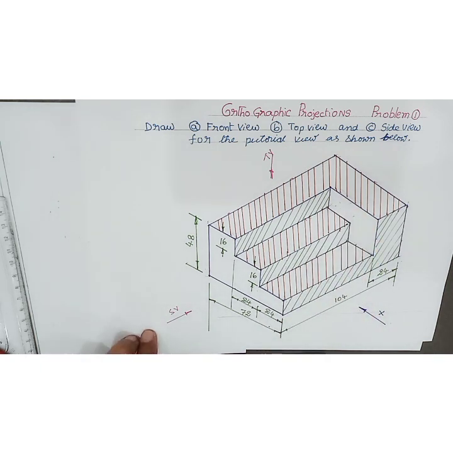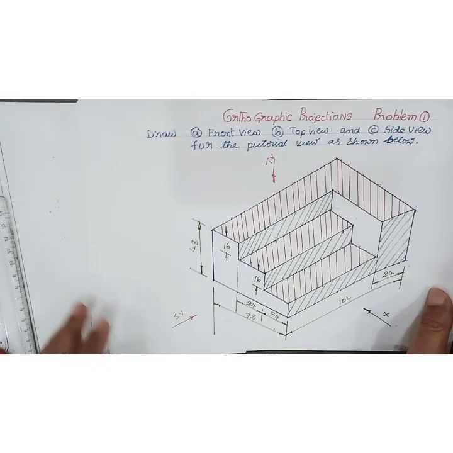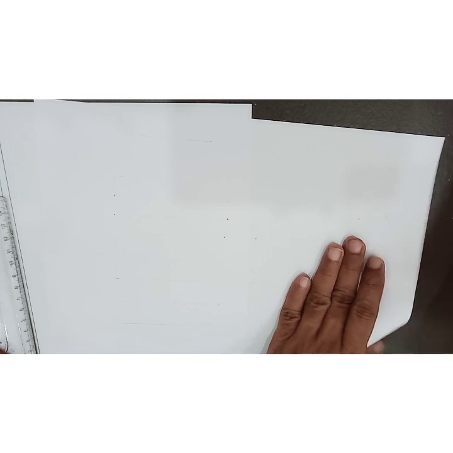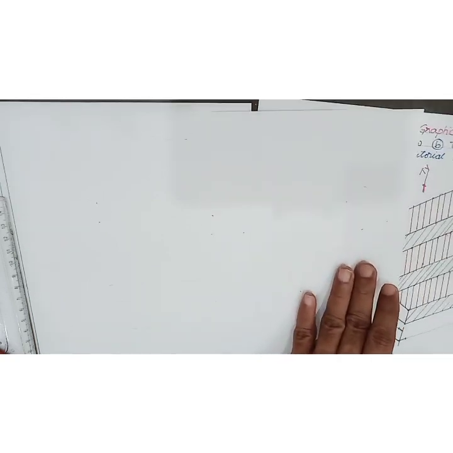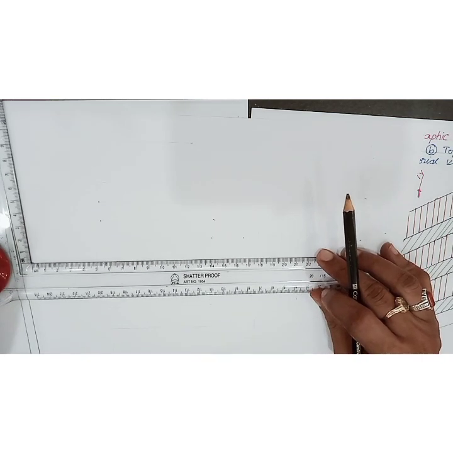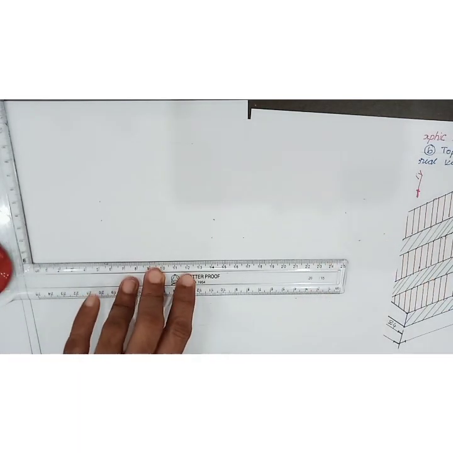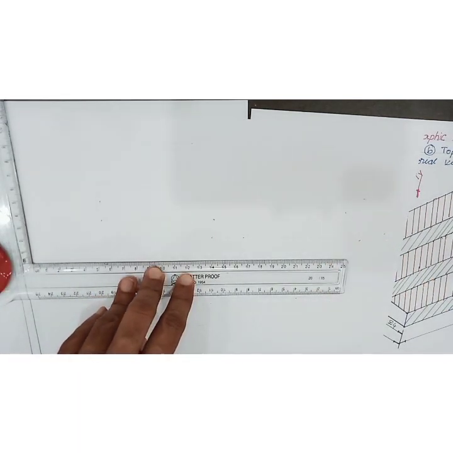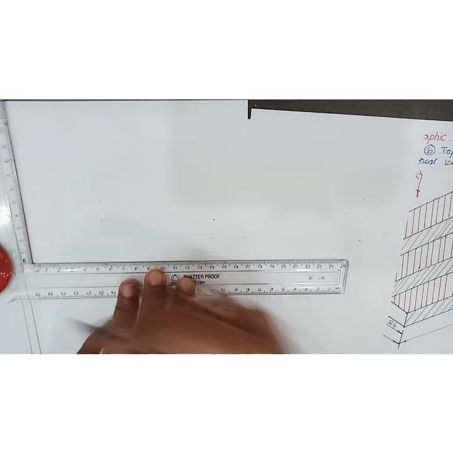Now we'll see how to draw front view, top view and side view for this particular pictorial drawing. As a first step, draw the XY line.